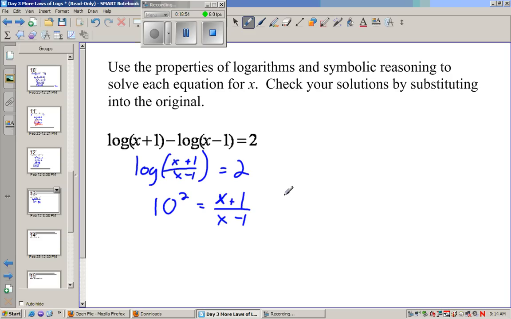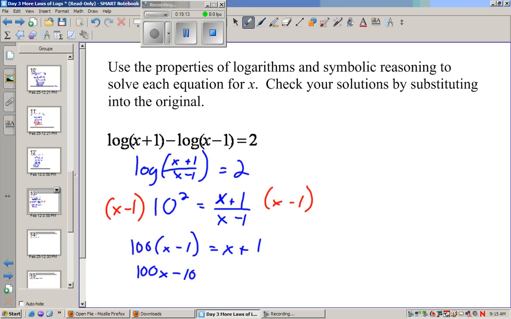Here we'd want to multiply both sides by x minus 1. So you would have 100 times x minus 1 is equal to x plus 1. 100 I got from 10 squared. Now I distribute that over the parentheses, so that's 100x minus 100 is equal to x plus 1.